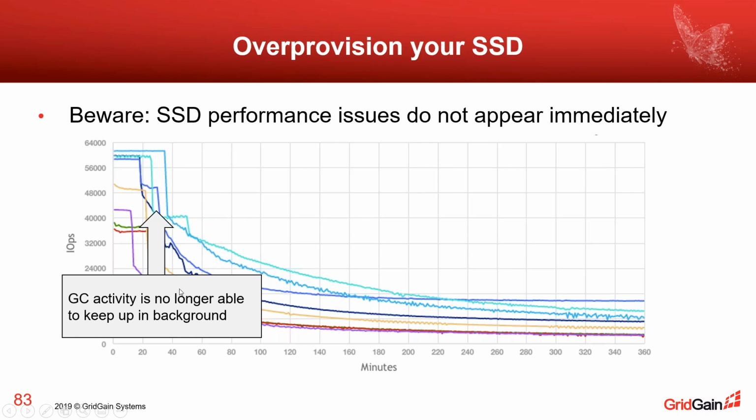This drop is exactly the point when shifting data from one block to another is no longer able to keep up in the background, and it starts to affect operations. So if you perform a load test on your production or pre-production environment with SSDs, you need to ensure that your test is long enough in order to test SSD drives in the worst condition.